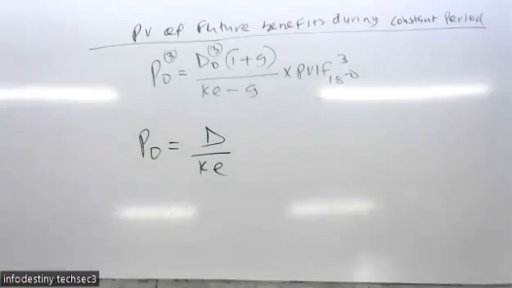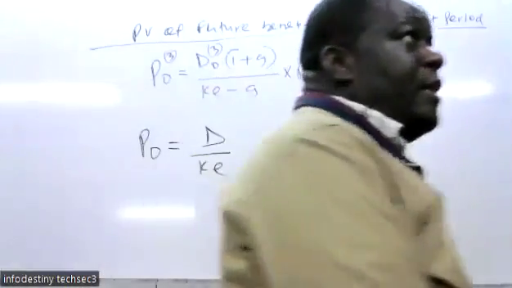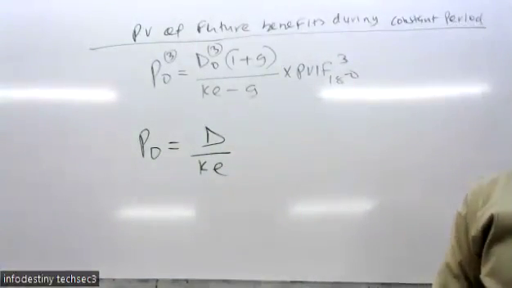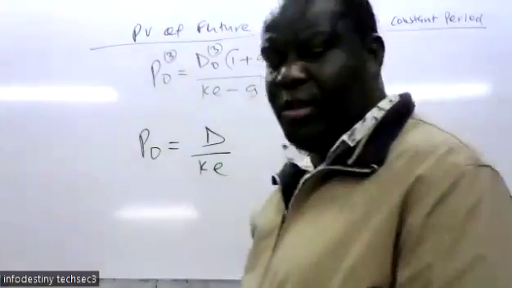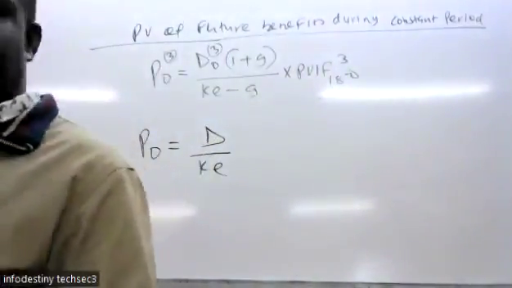You already know what is V0, you already know D, you already know KE, because V0 is the value of the share, D is simply the dividend per share, and KE is the cost of the ordinary share. I can't see any question in the past paper in relation to that.